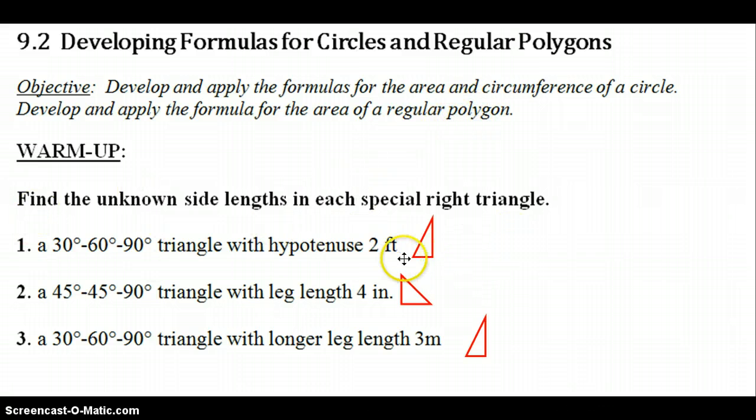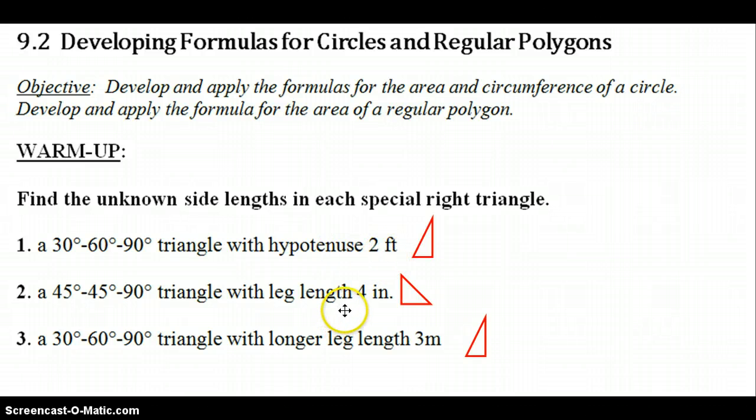Let's start off with our warm-up by reviewing a little about special right triangles. You're given information about a special right triangle, and we want to find some of the other lengths. Number 1, a 30, 60, 90: find the unknown side lengths of a triangle where the hypotenuse is 2.